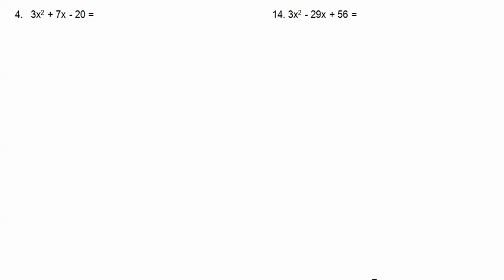All right, let's look at the next two. So we multiply these two together, and we get 60. So we're looking for factors of 60 that when we subtract them equals 7.